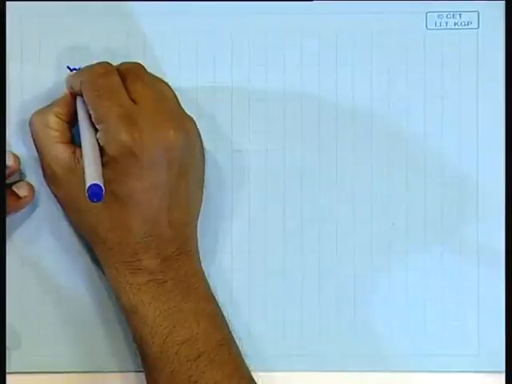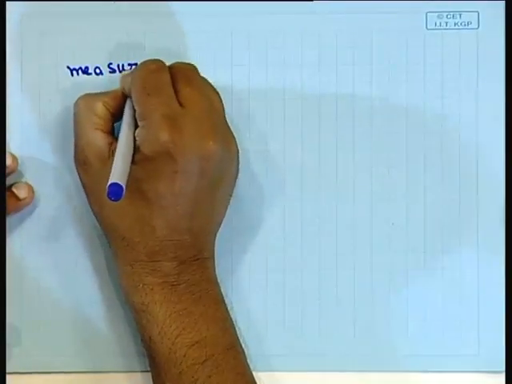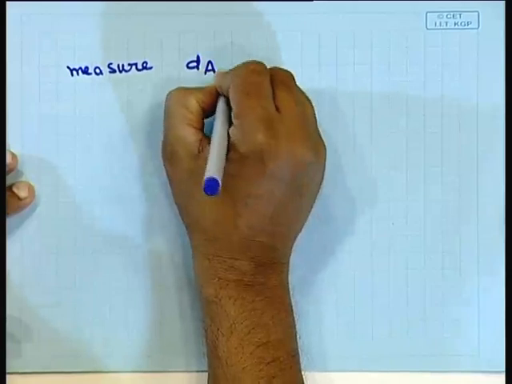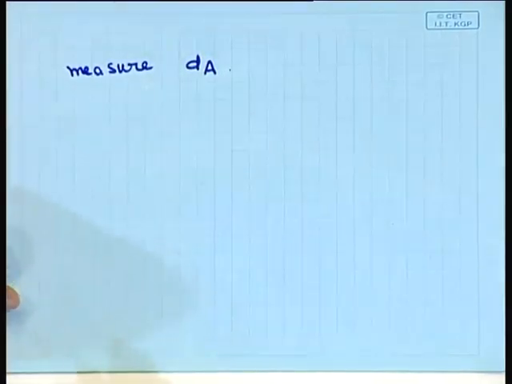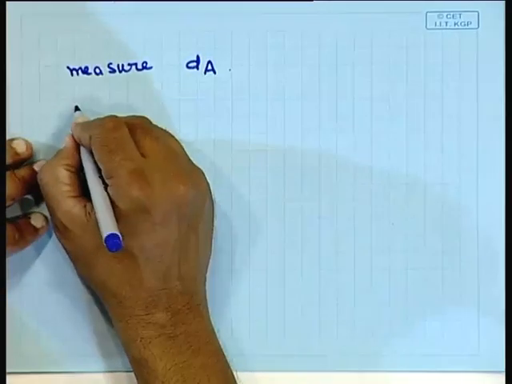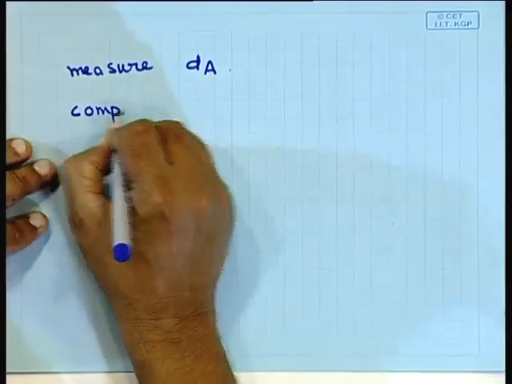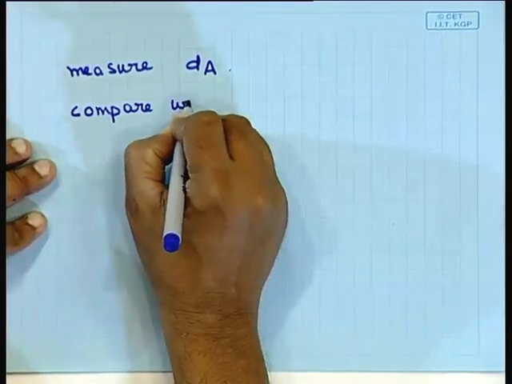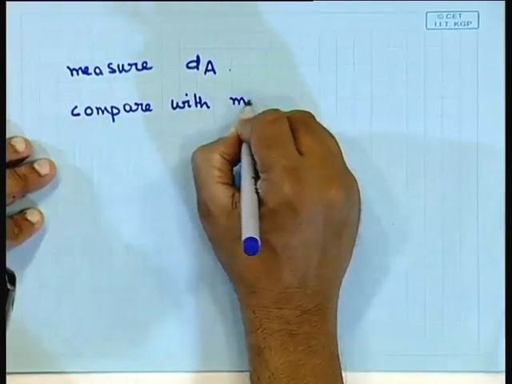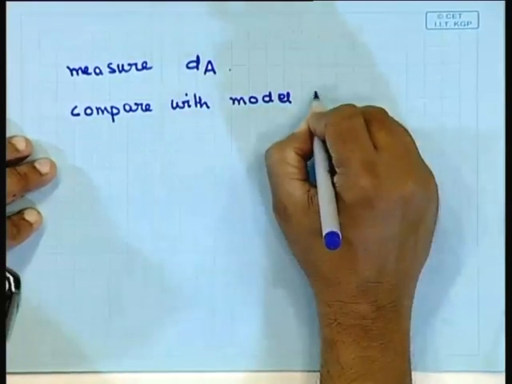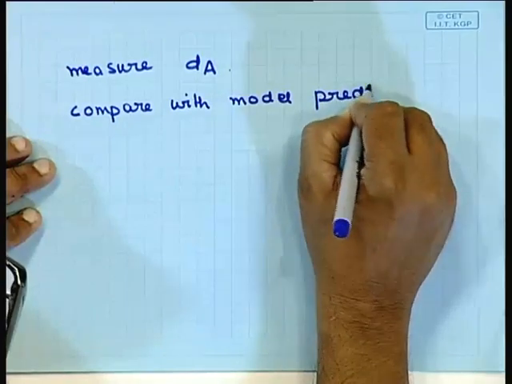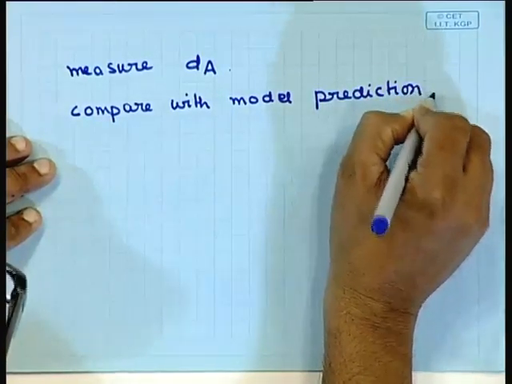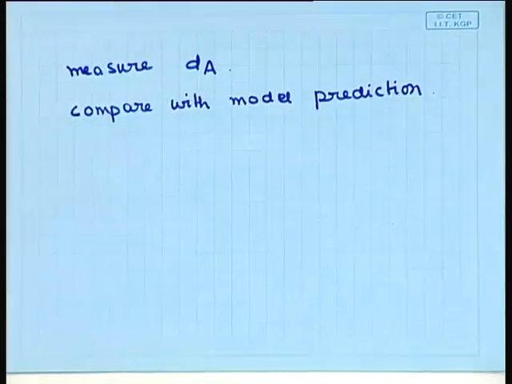So, the basic idea is that you measure dA, the angular diameter distance, and then you compare it with model predictions, which we have seen how to calculate, and this will tell you which is the valid model and what the values of the parameters are.